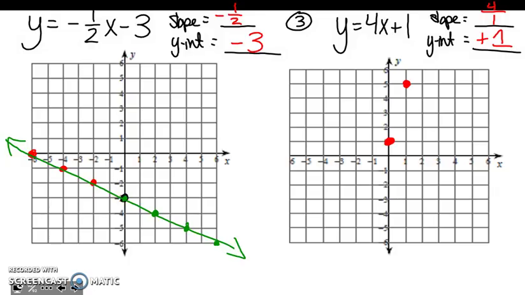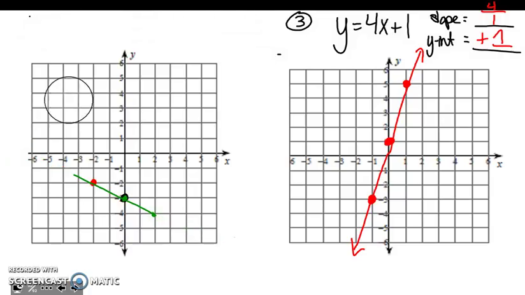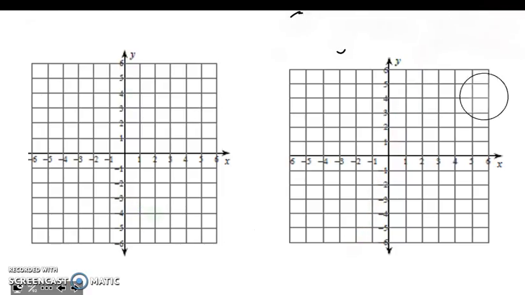And then I also need to go left 1 to make that double negative. Connect them, arrows on both ends, and then make sure that it's a positive line. Again, you can pause this at any time.